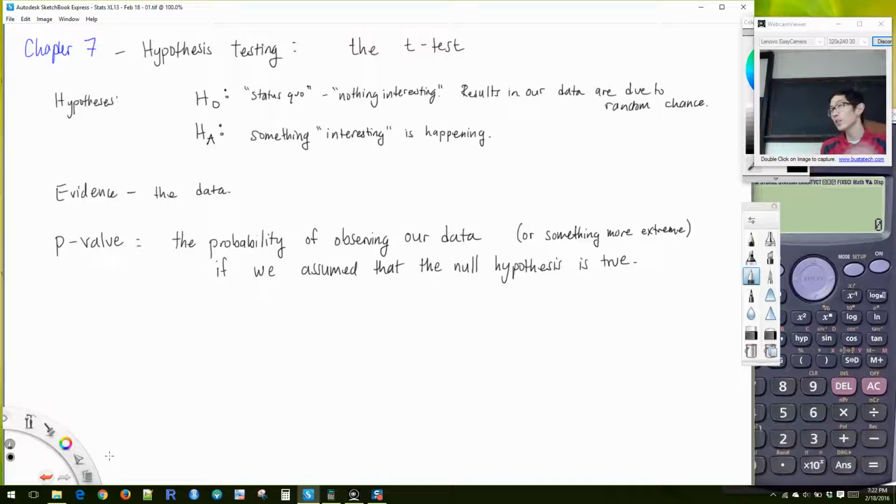On the other hand, if he played 100 games and he won 70% of those games, in that case you would start to suspect that maybe he's trying to cheat, because the probability of observing your data, getting 70 heads out of 100, if we assume that the null hypothesis is true and he's playing fairly, is very rare.